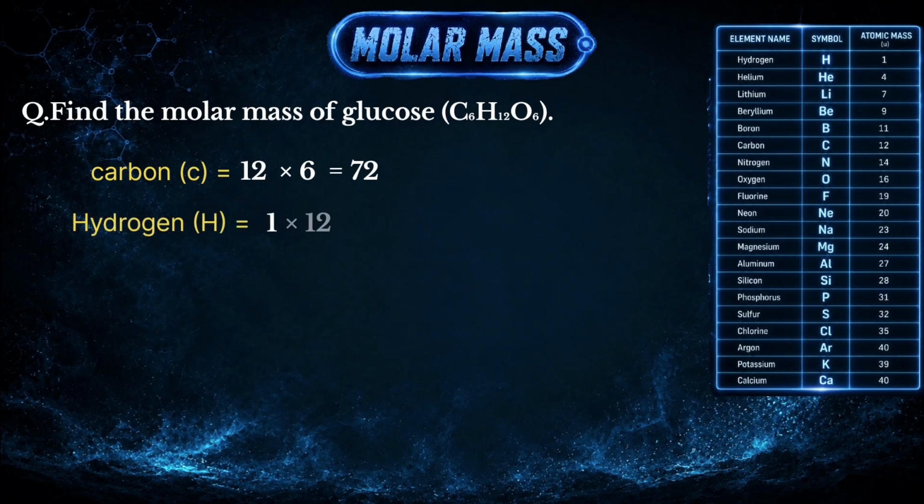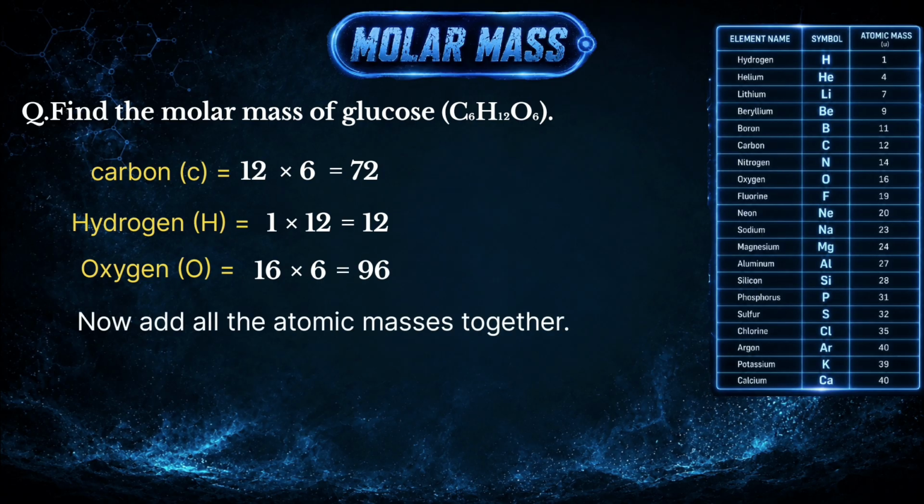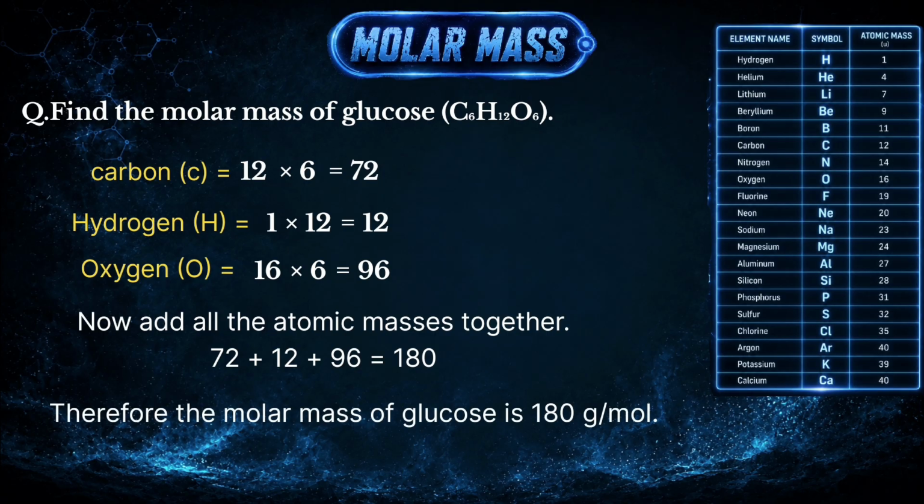So, multiply 1 by 12. 1 times 12 equals 12. Oxygen has an atomic mass of 16, and there are 6 oxygen atoms. So, multiply 16 by 6. 16 times 6 equals 96. Now, add all the atomic masses together. 72 plus 12 plus 96 equals 180. Therefore, the molar mass of glucose is 180 grams per mole.